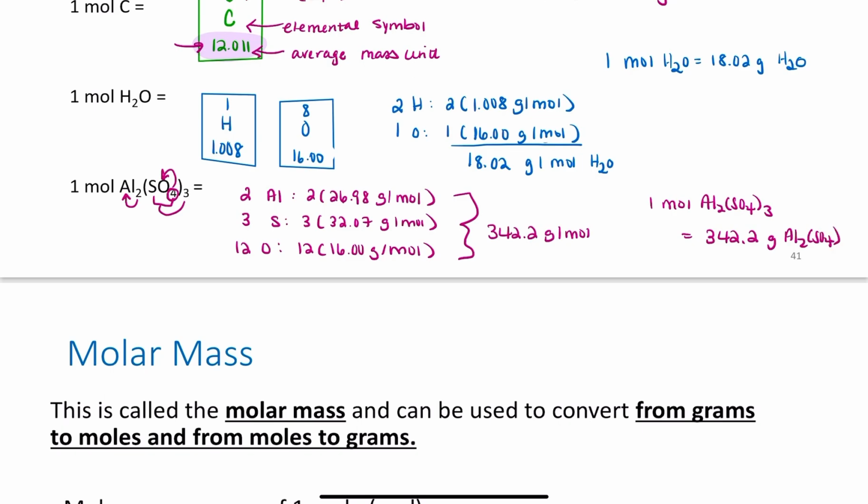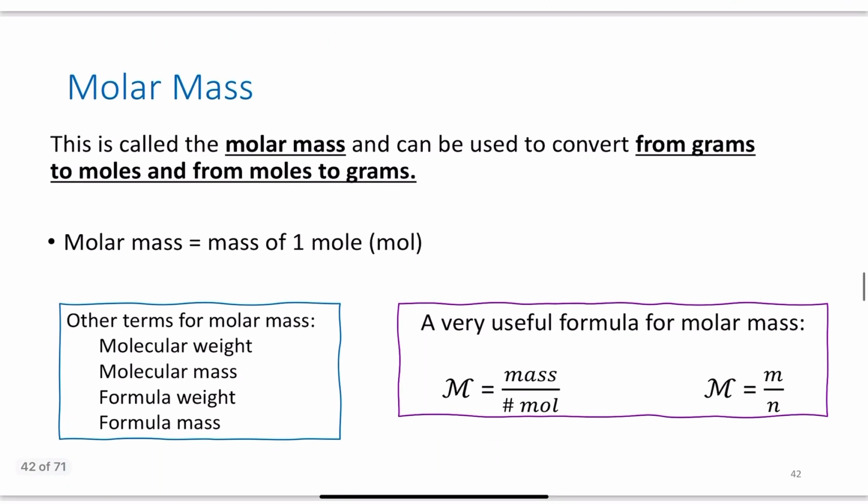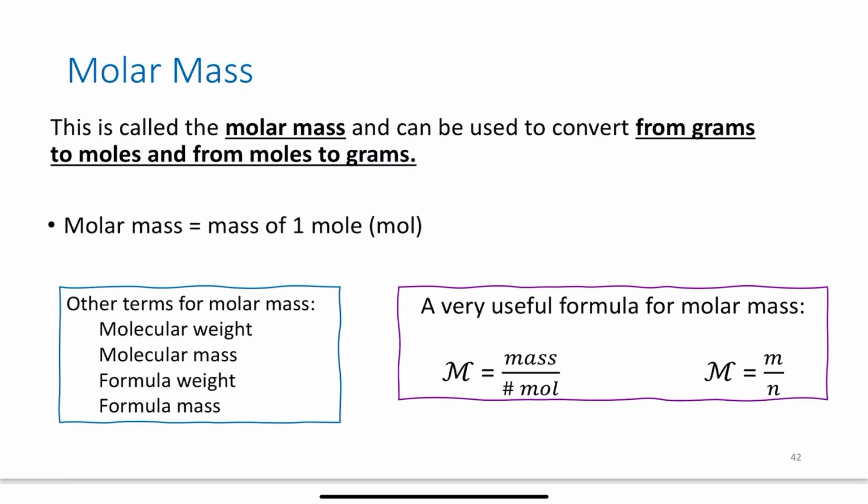So if I had exactly 342.2 grams of aluminum sulfate, I would have 1 mole of that material. Molar masses are really useful because we can use these to convert from grams to moles and moles to grams. Again, this is called molar mass. You may also see it called molecular weight, molecular mass, formula weight, formula mass. It represents the mass of 1 mole of material.